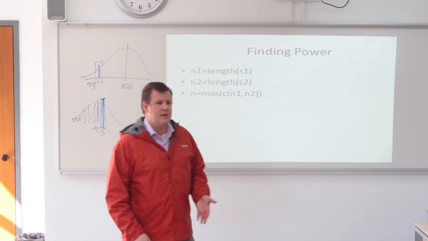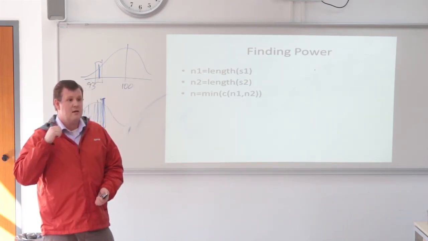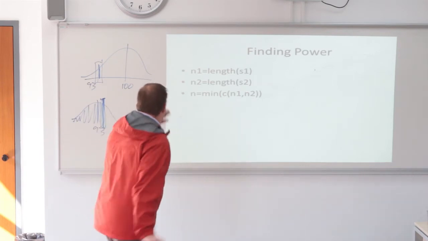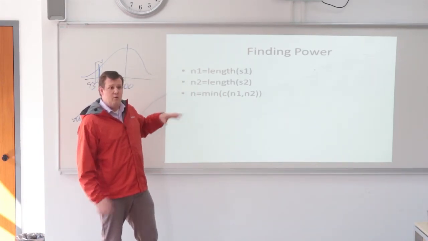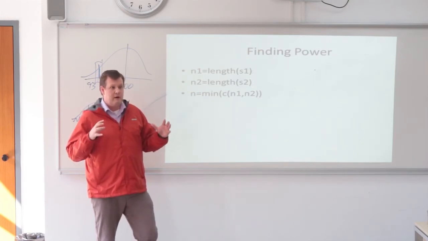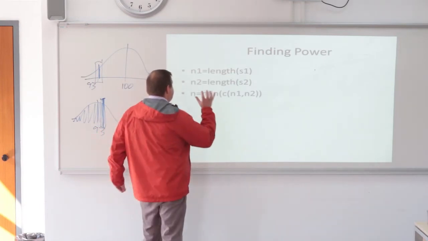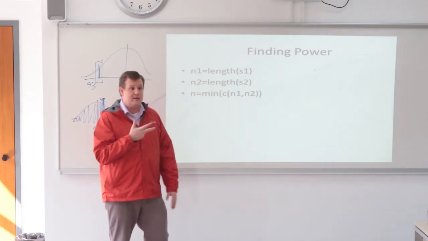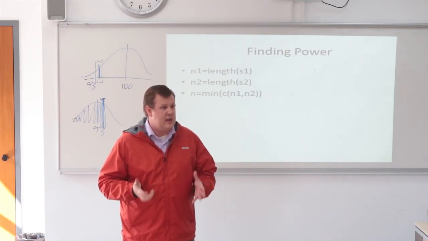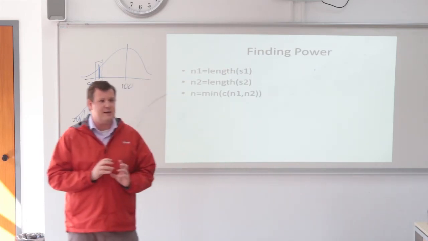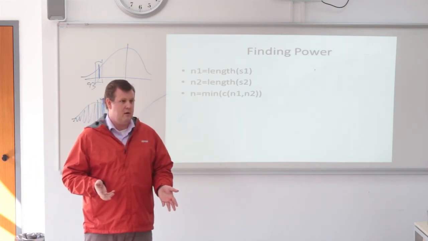If the sample size is smaller, the standard error will be bigger. Now, if you calculate power using the larger sample size, you are going to overestimate your power. If you use the smaller sample size, you will end up underestimating your power.